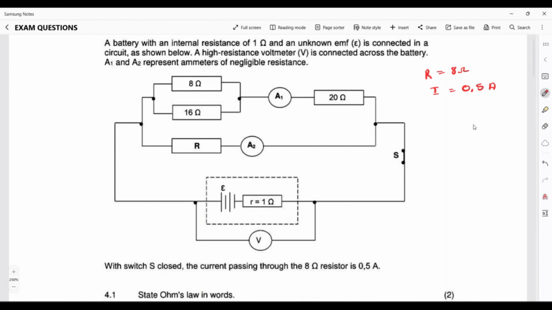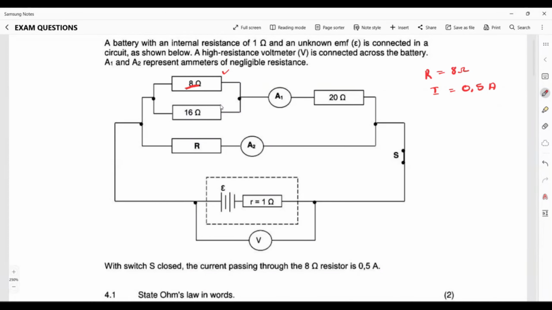What am I going to do? I'm going to find the voltage here. I need the voltage of the 8 ohms, according to what we did when we were talking about the difference between series, parallel, and combination circuits. I said that in a parallel circuit, voltage remains the same.